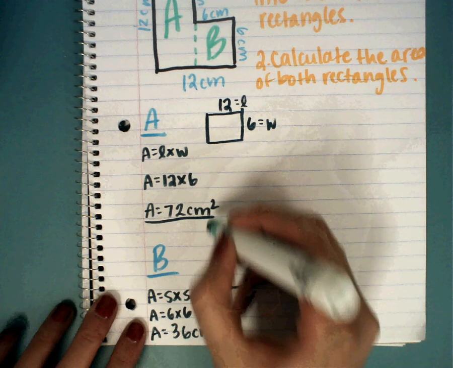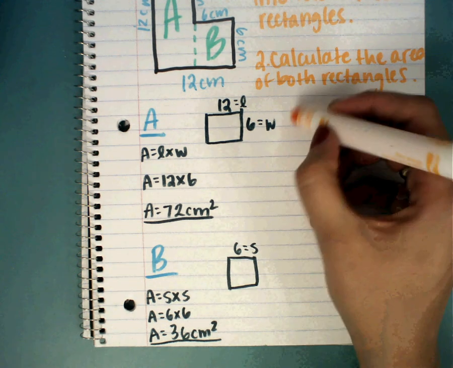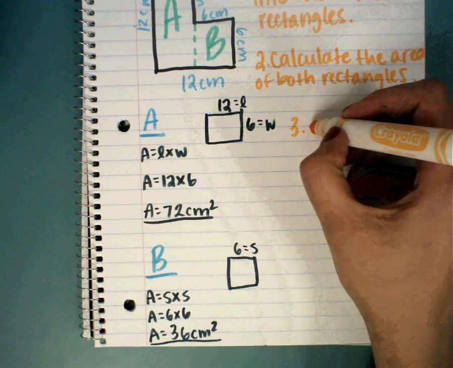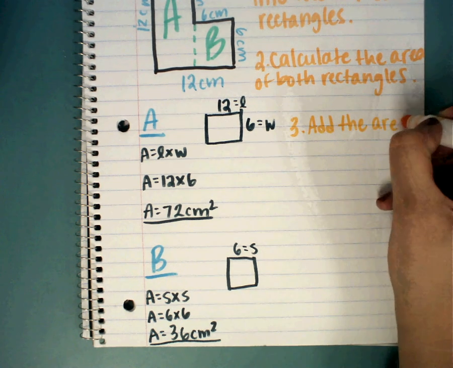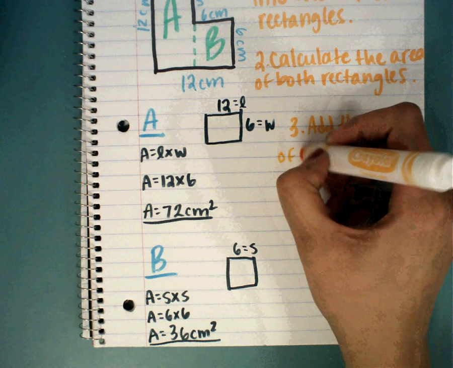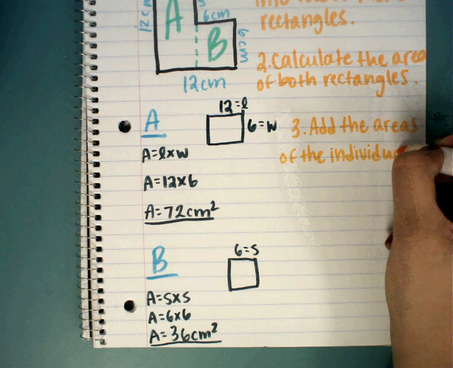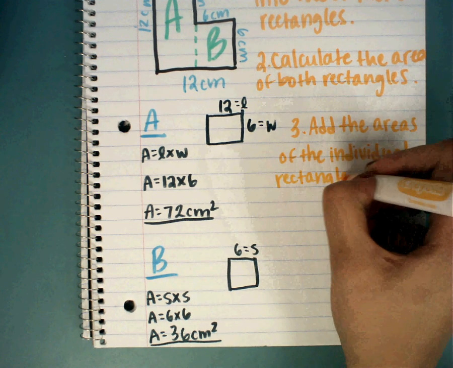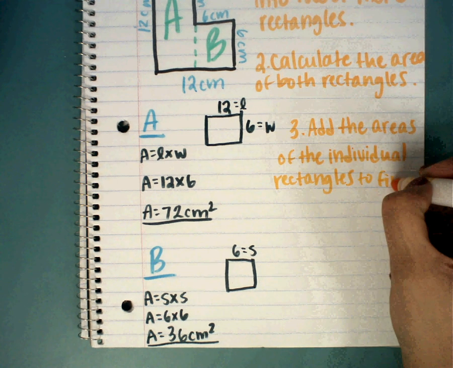So I've got my partial areas right here. Well, there's one final step that we've got to do in order to find the area of the entire polygon. So that third step is to add the areas of the individual rectangles to find the whole area.